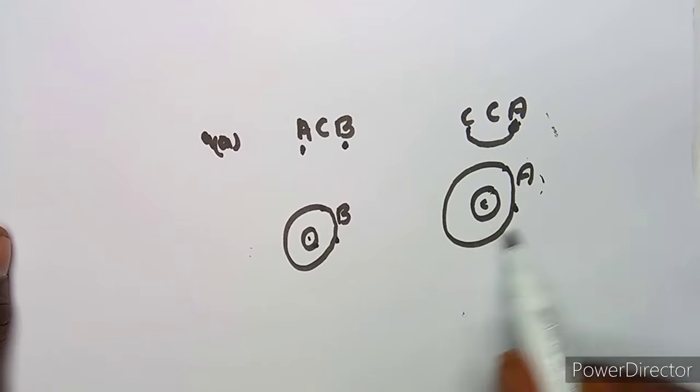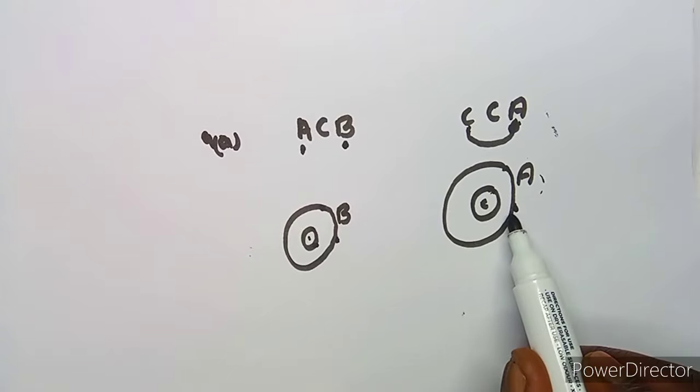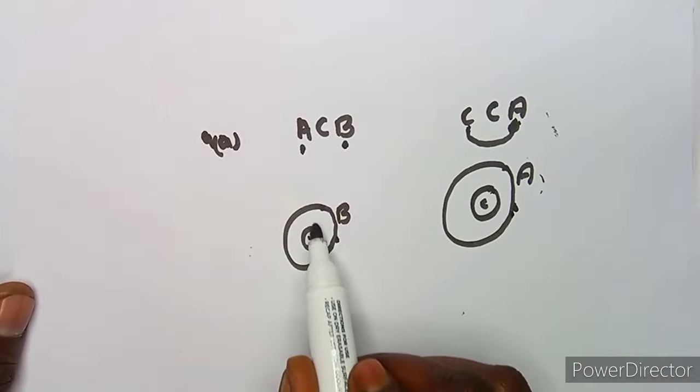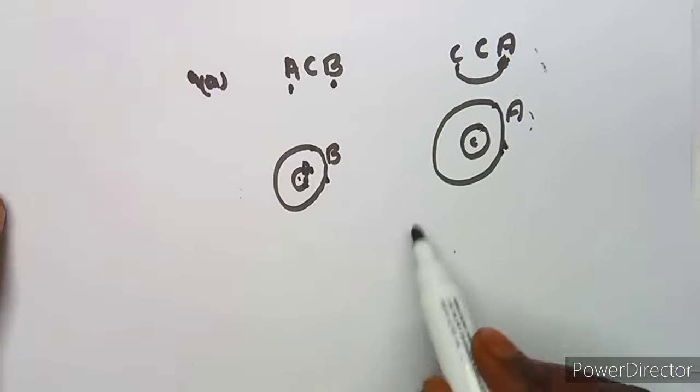Yes, this A contains C, that is true, but that same A that we're talking about, it's inside B, because we say this is our A. So which means B is going to carry all these 3 sets. So it's going to be like this. Maybe let me put this way.